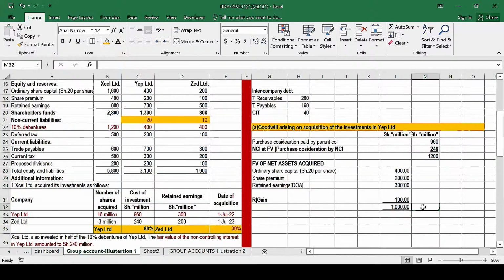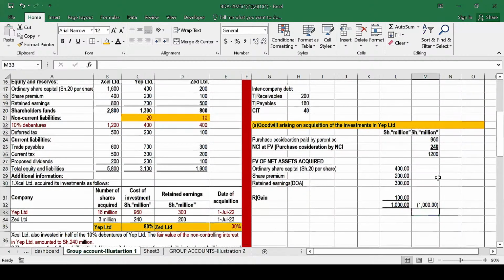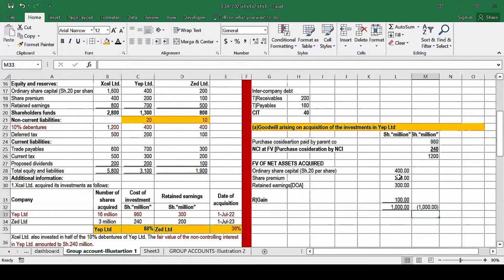Because we are using the full goodwill method, we will take 100% of this. We are interested in the net assets acquired by the parent and the net assets acquired by the subsidiary, so we take 100% of that, and then we get the difference here. Let me do away with those decimals.